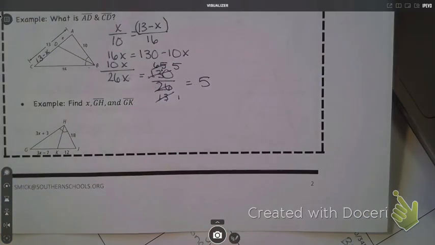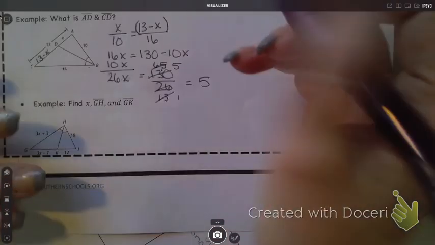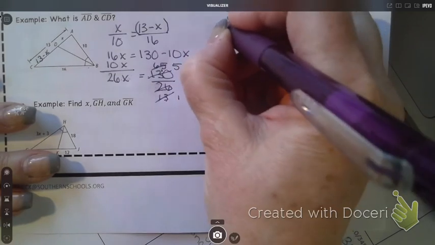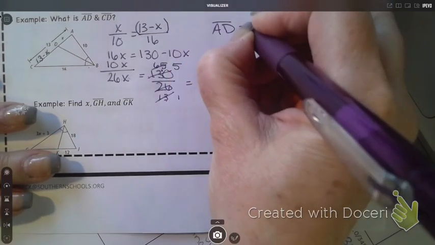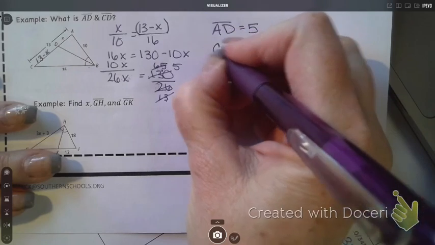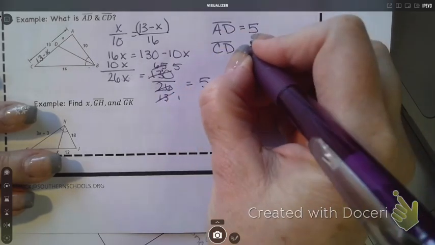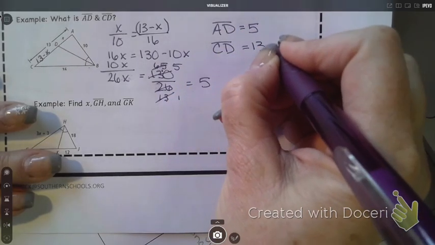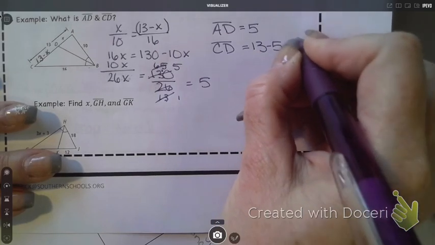So X is 5. So that means AD is what? 5. And CD is 13 minus 5, which is 8.